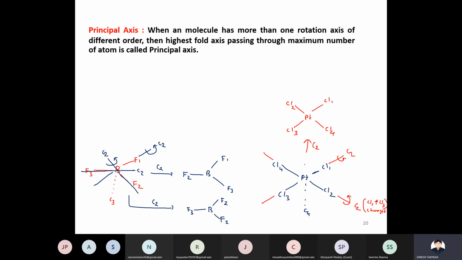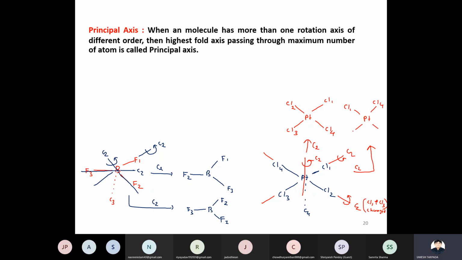Now see, this is another C2 passing through platinum. If you give rotation at 180, this is also in the plane of your mobile. If you give rotation at 180, what happens? Cl1 goes to the position of Cl4. Cl4 and Cl1 can change their position.